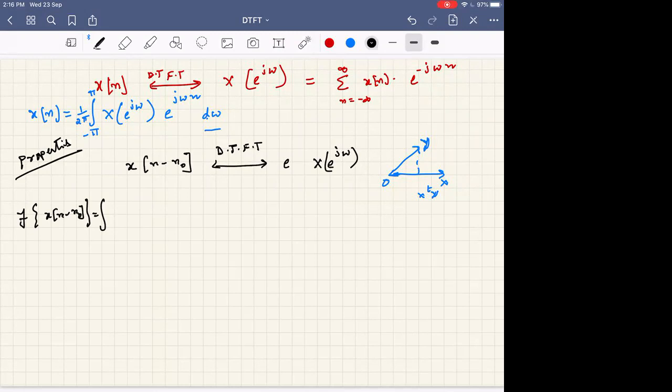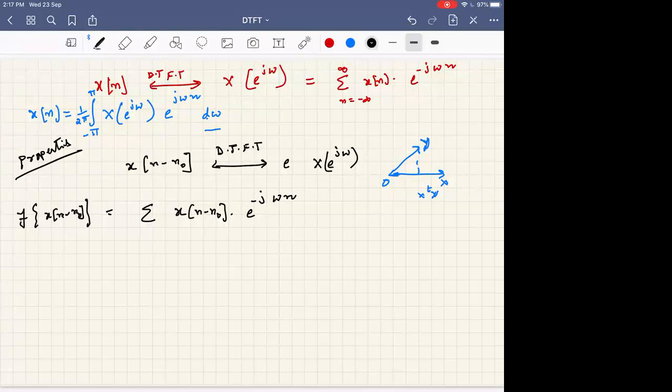I hope this is clear, right? So now I will just try to write. Sorry, the summation we have to write, right? Summation x of n minus n naught into e power minus j omega n. For many of the basic properties, the definition is usually very helpful.